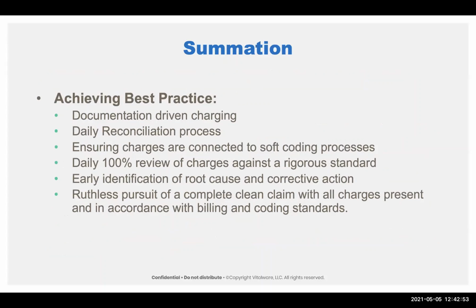So achieve the best practice by documentation-driven charging, daily reconciliation, ensuring charges are connected to the soft coding processes, 100% of the charges against a rigorous standard, early identification of root cause and corrective action, and ruthless pursuit of a clean claim.